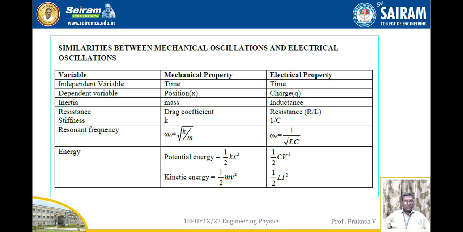For resonance frequency, omega naught is equal to square root of K by M under mechanical property, and omega naught is equal to 1 by square root of LC under electrical property. For energy, under mechanical property, potential energy is equal to half kx square and kinetic energy is equal to half mv square. Under electrical property, the corresponding values are half cv square and half li square.